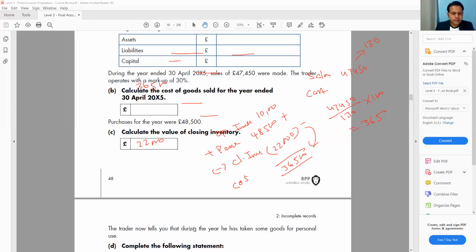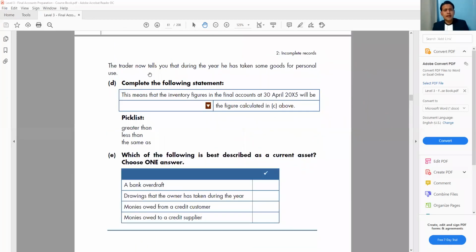What we have here. Say the trader now tells you that during the year he has taken some goods for personal use. If they take some goods for personal use, we know it is a drawing. So this means that the inventory figure in the final account, 30 of April 2005, will be greater than, less than, or same as the figure calculated in C. So after we calculated, we have 22,000 pounds for the closing inventory.